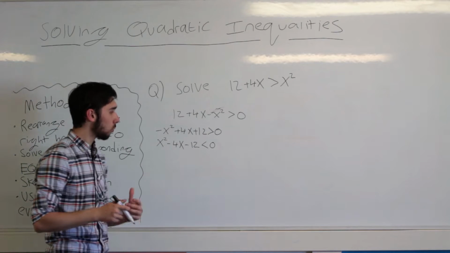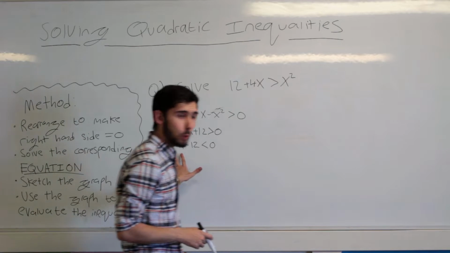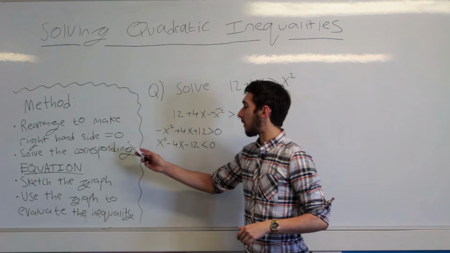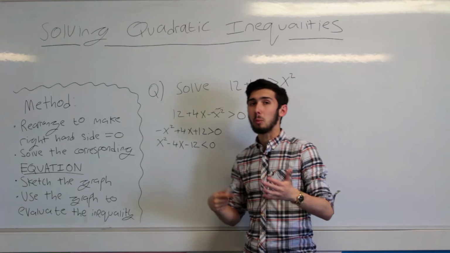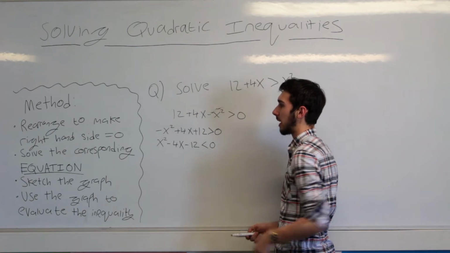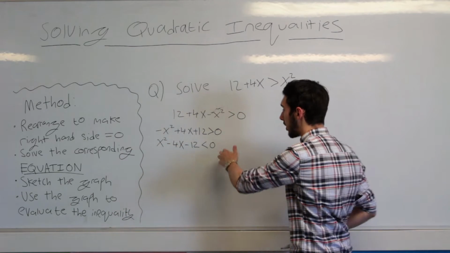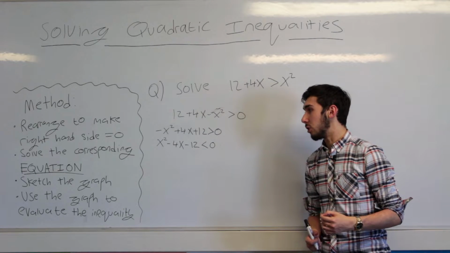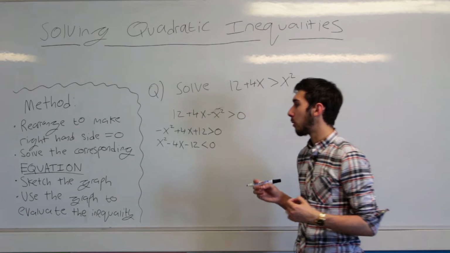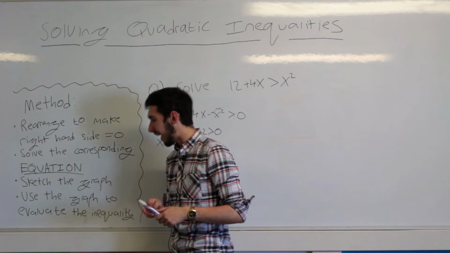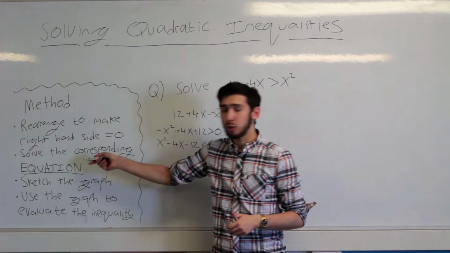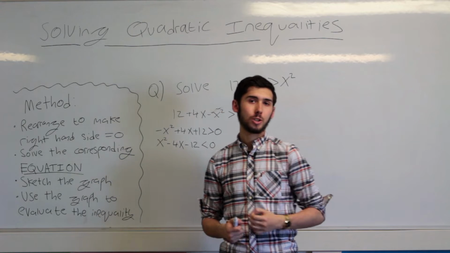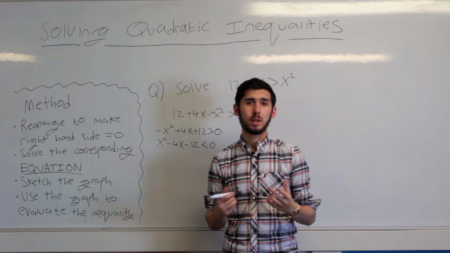So now guys, what we're going to do is we've got our question in the form where the right-hand side is in some way related to the number 0, okay? So I've written equals 0, but it's just in some way related to the number 0. Now, what we're going to do is solve the corresponding equation. What must an equation have inside it in order for it to be an equation?